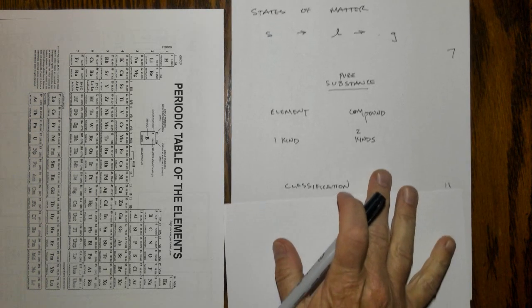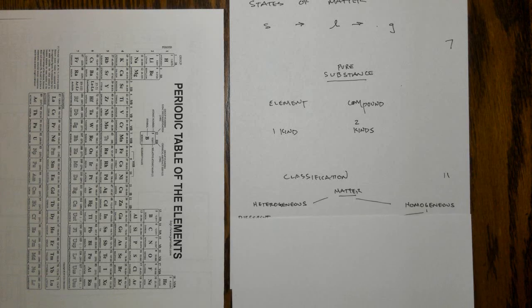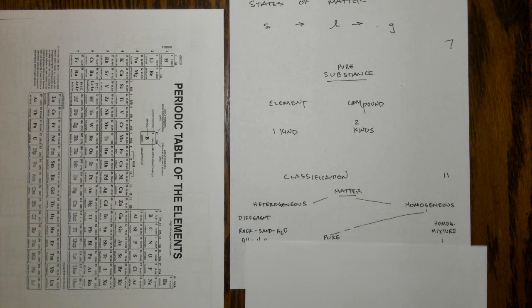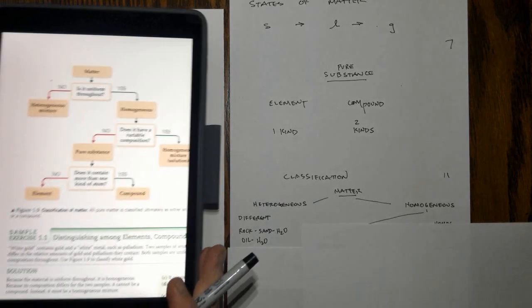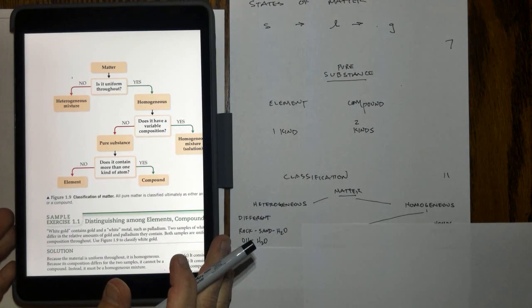When we classify matter, we look at whether the matter is heterogeneous, meaning that it is different throughout its composition, or homogeneous, meaning that it is the same throughout its composition. And heterogeneous substances would be things like rock and sand and water all together in the riverbed, or maybe in a bucket, or oil and water that don't mix together very well.